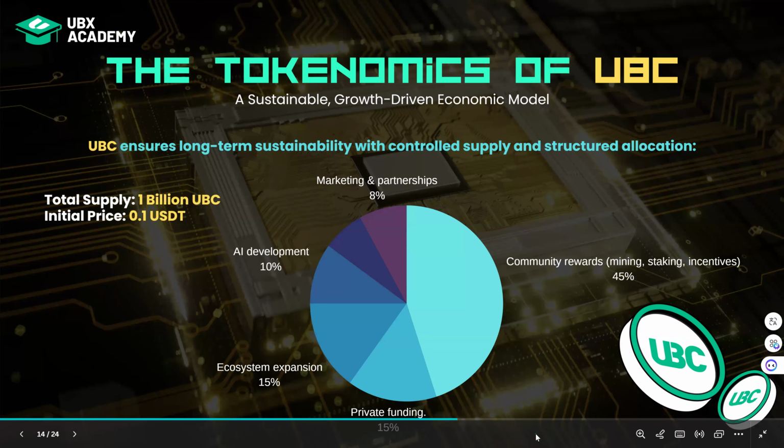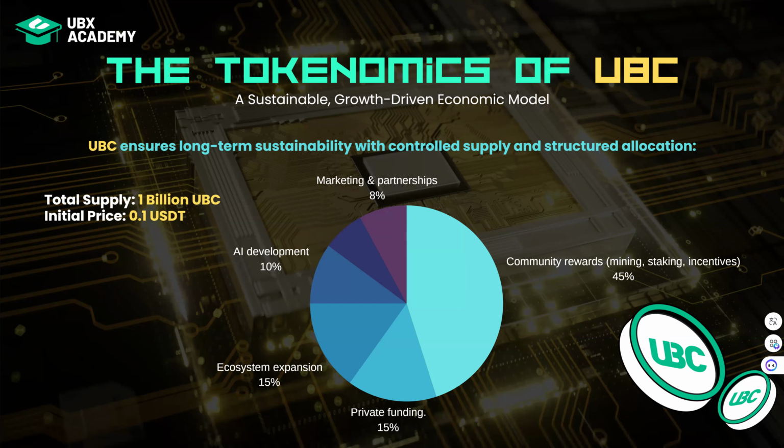The UBC tokenomics model is designed with a balanced supply and distribution mechanism to foster long-term growth and sustainability. So the total supply of the UBC token is capped at 1 billion UBC, ensuring scarcity and value appreciation over time. The UBC token economy is designed to create a self-sustaining loop where value is continually generated and redistributed within the system.